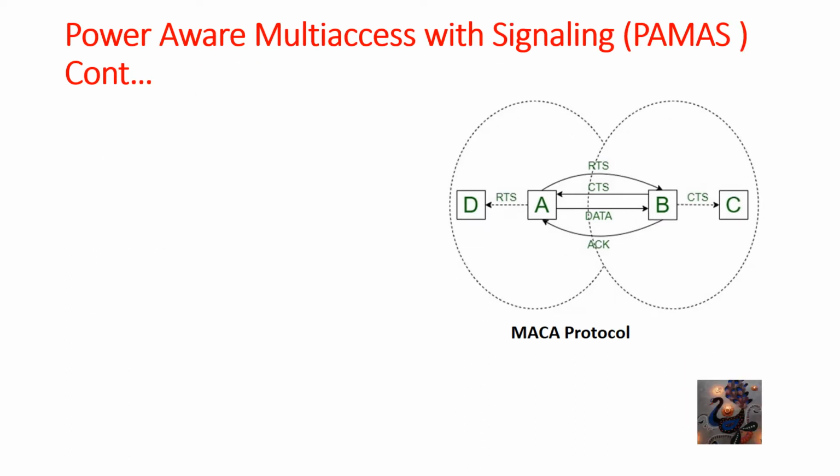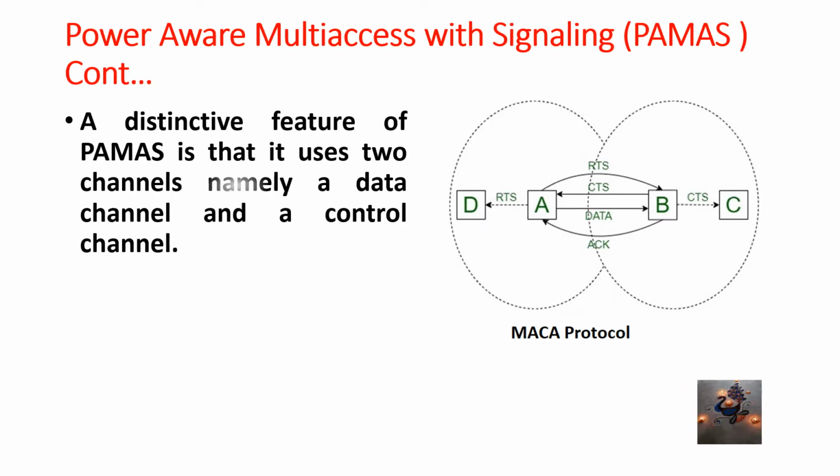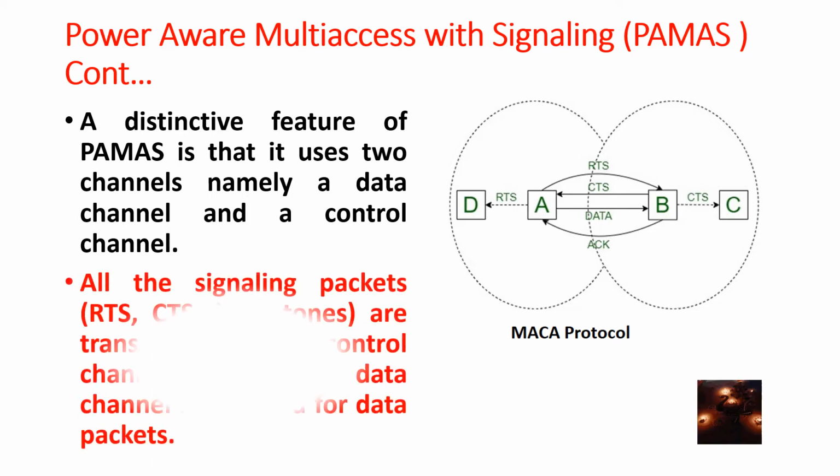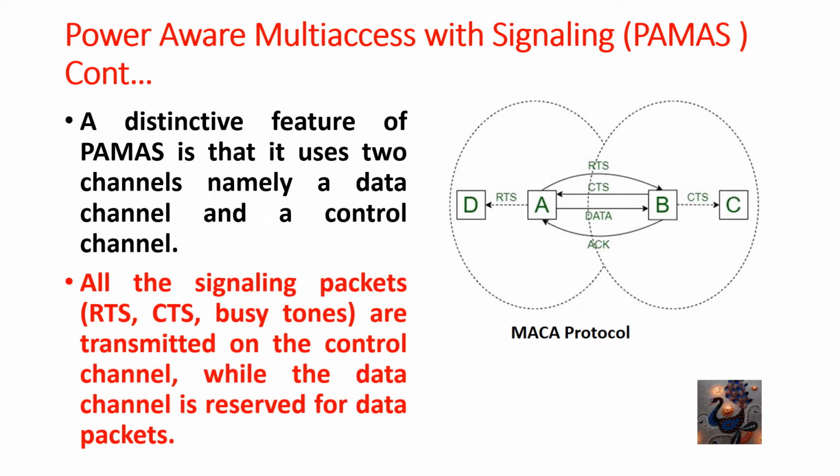A distinctive feature of PAMAS is that it uses two channels, namely a data channel and a control channel. All the signaling packets, that is RTS (request to send), CTS (clear to send), and busy tones, are transmitted on the control channel, while the data channel is reserved for data packets.